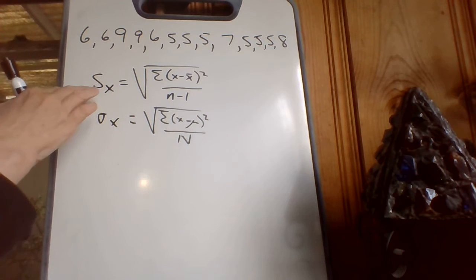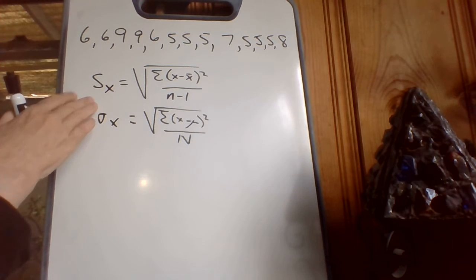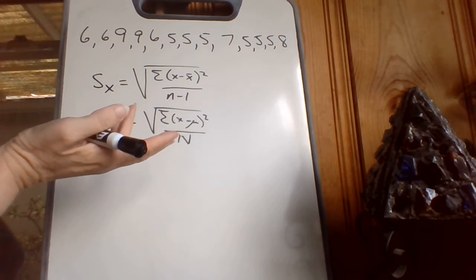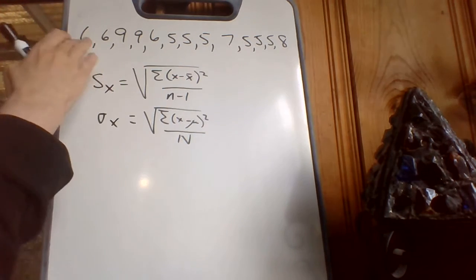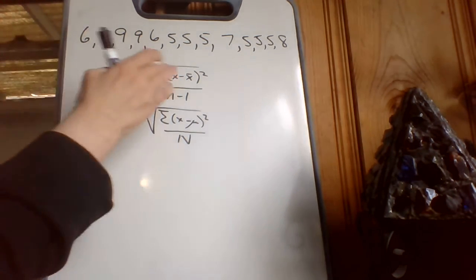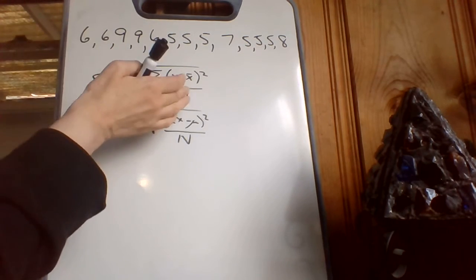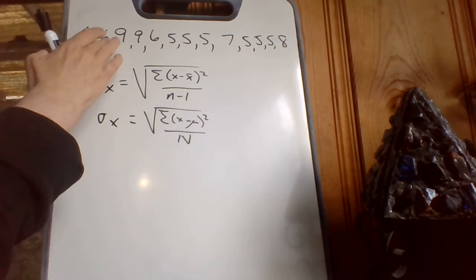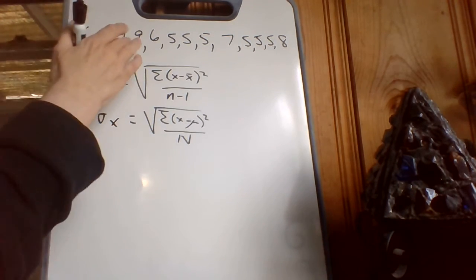Here's the procedure. If I want the standard deviation for samples, which this is, just a sample of some SUVs, first I find the mean. We got like 6.2 last week. Then I subtract the mean from each and every one of these. 6 minus 6.2 is negative 0.2, 6 minus 6.2 again is another negative 0.2, 9 minus 6.2 is 2.8, 2.8.